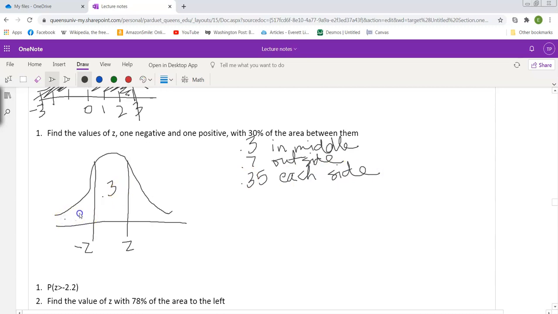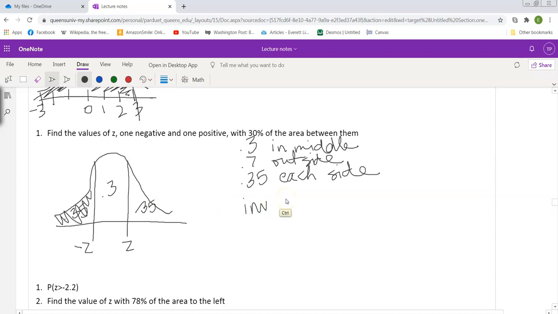So we're going to have 0.35 here, 0.35 there. And if we look up this lower one, we'll get the upper one as well. So we're just going to look up the 0.35 one. So that's going to give us INV norm.